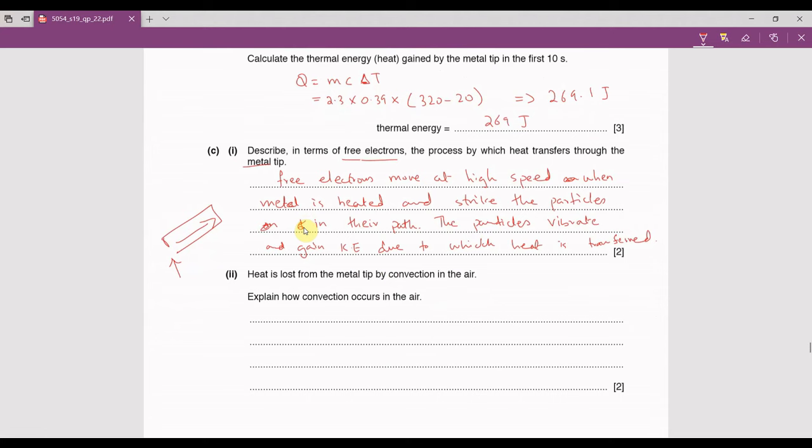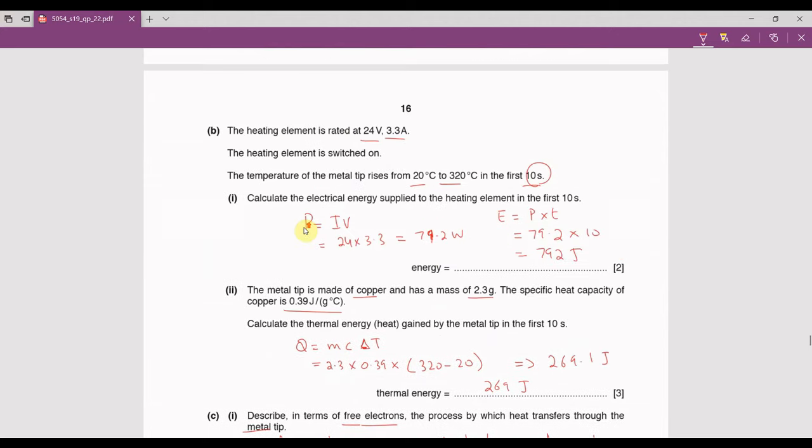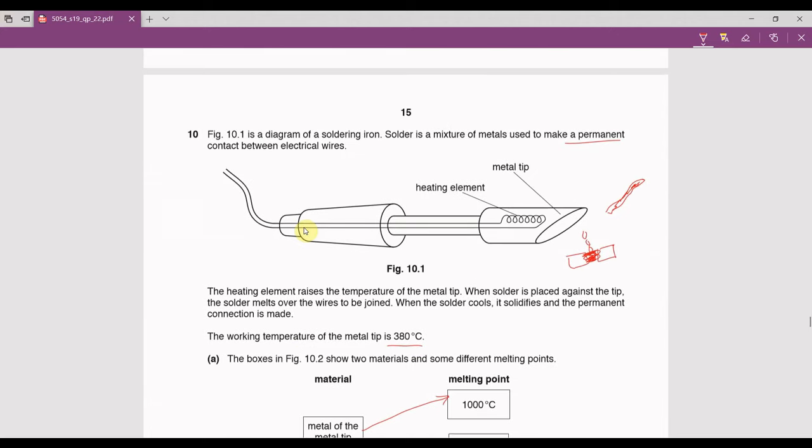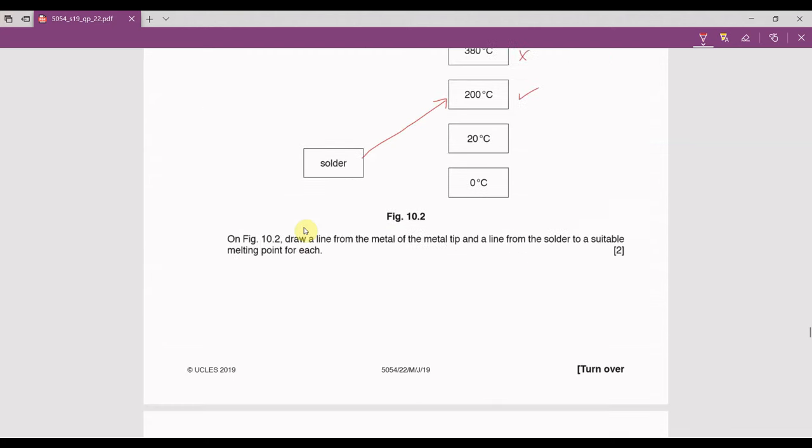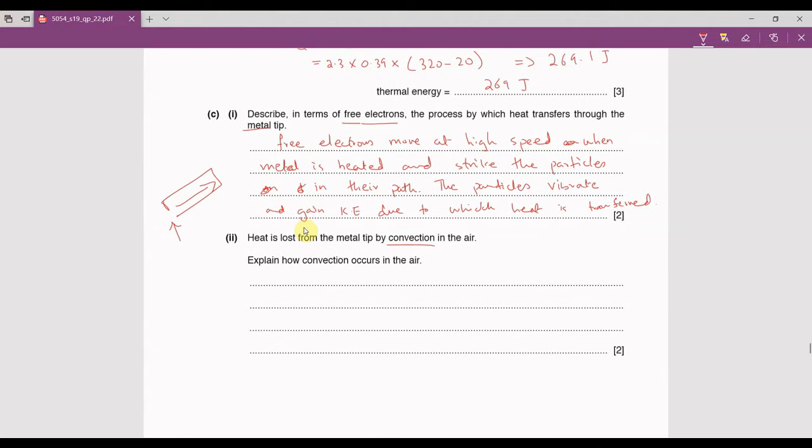Heat is lost from the metal tip by convection in the air. So explain how convection occurs. Now if you look at the diagram carefully, if I bring the wire close, this is the soldered wire, what happens is not all of the heat is going to be transferred. Some of the heat is going to go to the surrounding air, and that is happening because of convection. So how does convection take place?